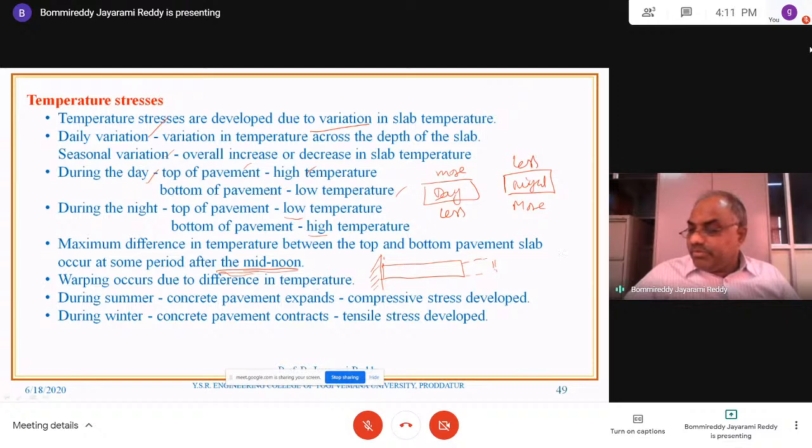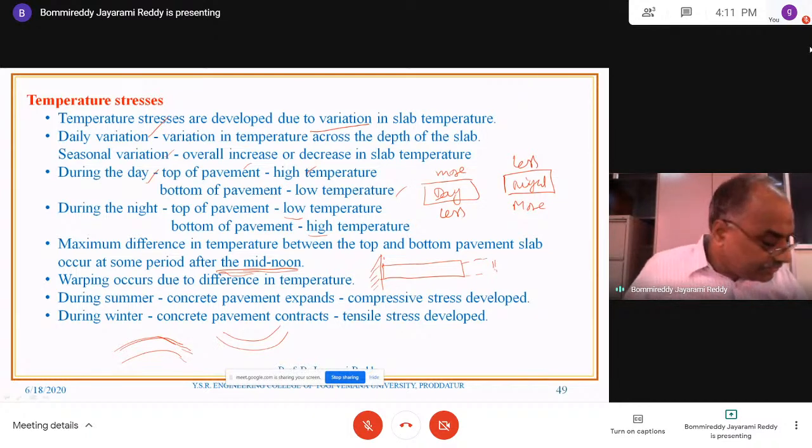But here, due to the variation at top and bottom, warping stresses will come into the picture. So the entire slab is going to bend in this fashion. The entire slab, because of the temperature, warping occurs. Warping occurs at this particular level.